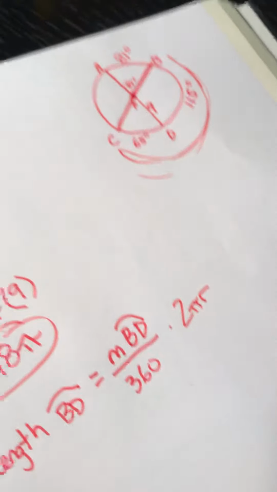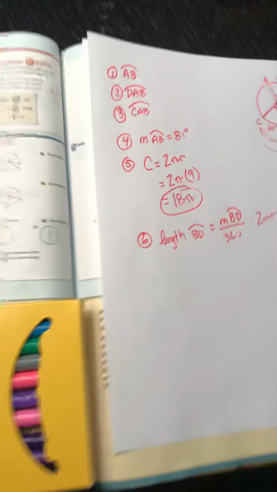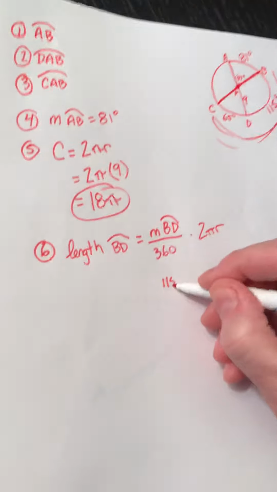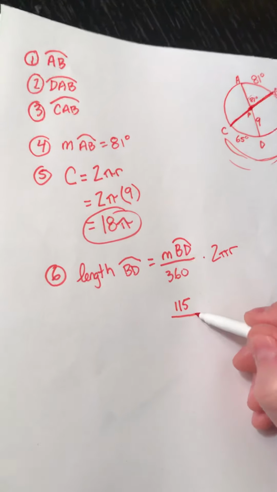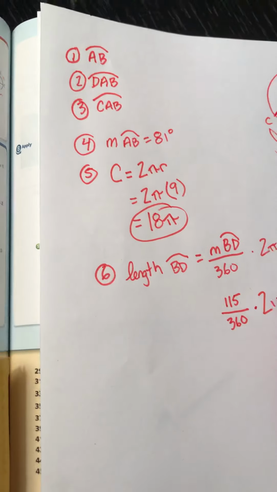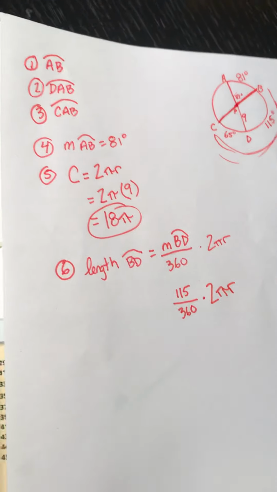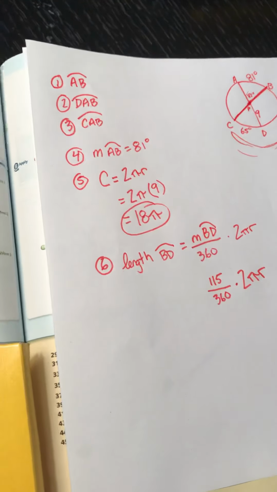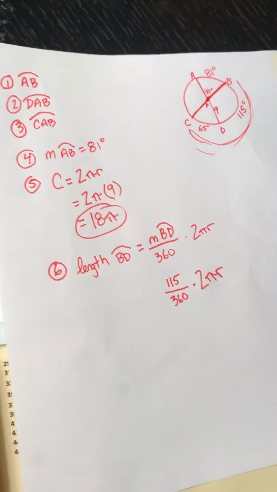So I know that the measure of that arc is 115 over 360 times 2 pi r. That is how you figure out length.